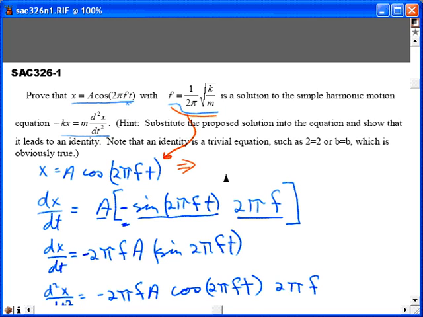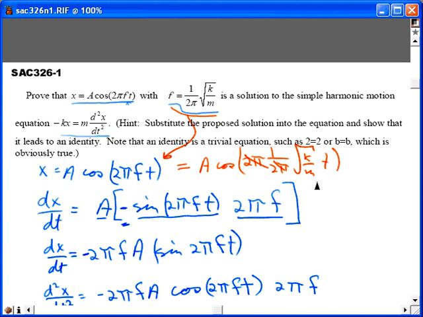For the case of x, we wind up with a, so x is equal to a times the cosine of 2 pi times 1 over 2 pi square root of k over m times t.